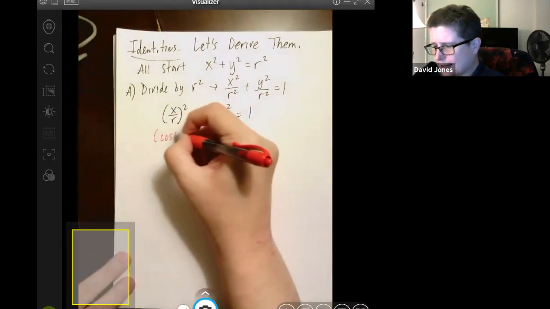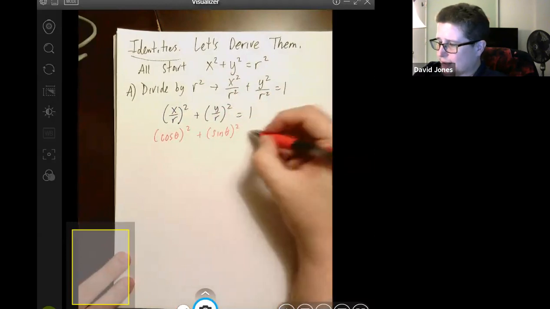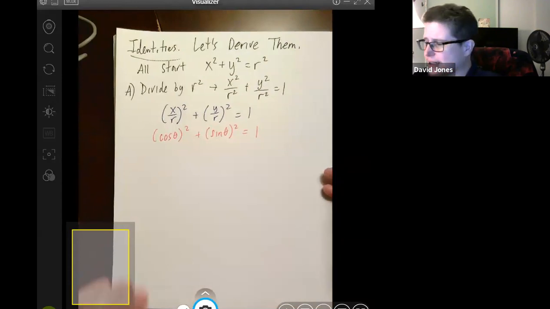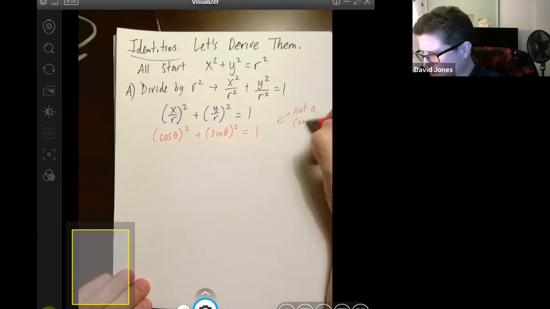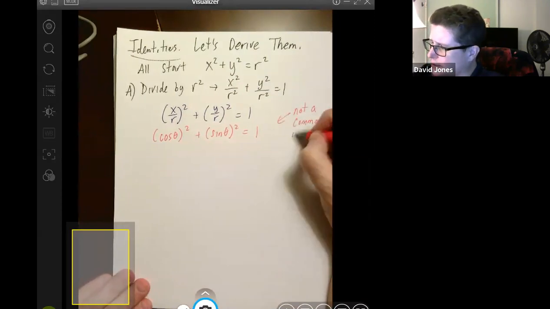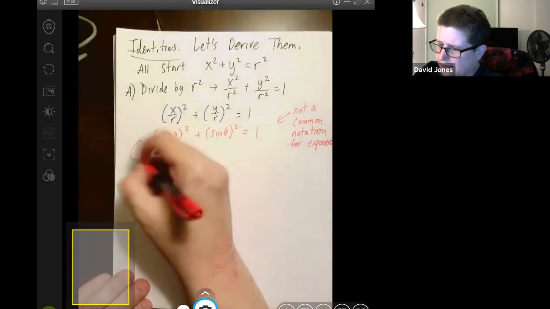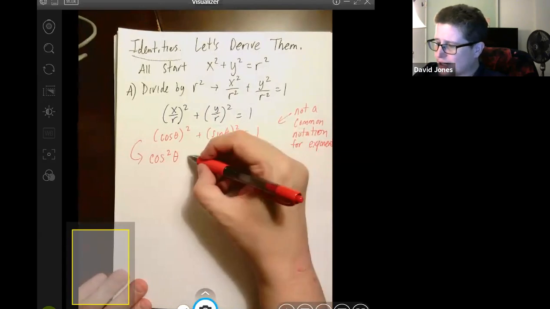This is cosine theta squared plus sine theta squared equals 1. And generally when we have powers of trig functions, this is not a common notation for exponents. Instead, we put it between the trig function and its angle.